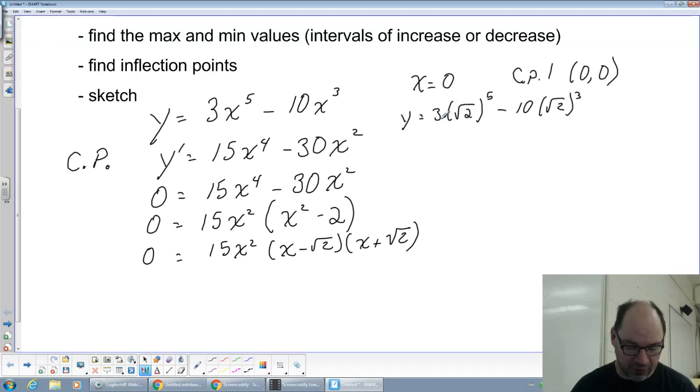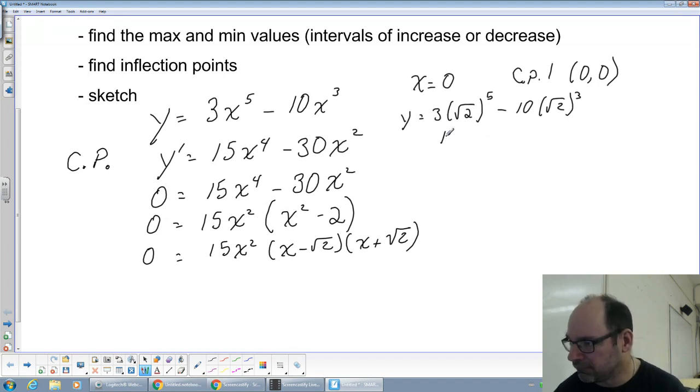So if we go square root 2, we get about 1.41. If we want to do an approximation, we can do it that way using decimals. So 1.41 to the power of 5 times 3, that's 16.7. So we'll do an approximation.